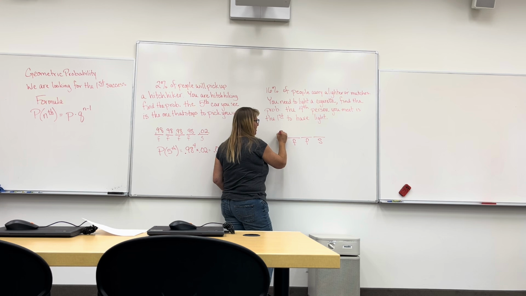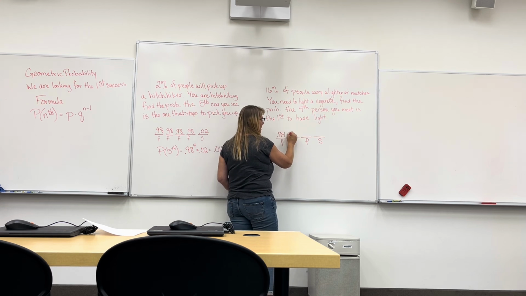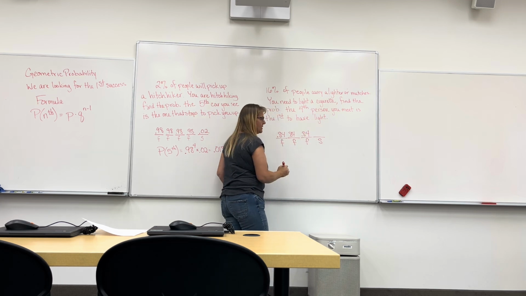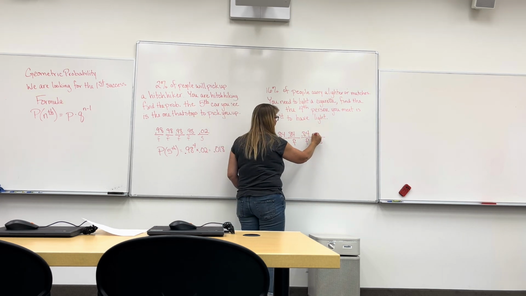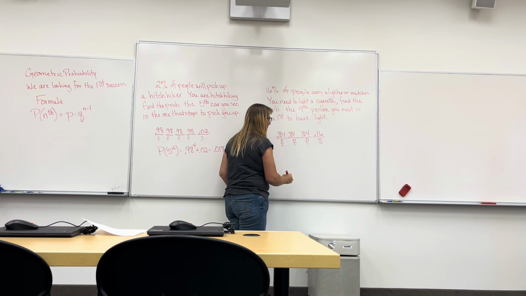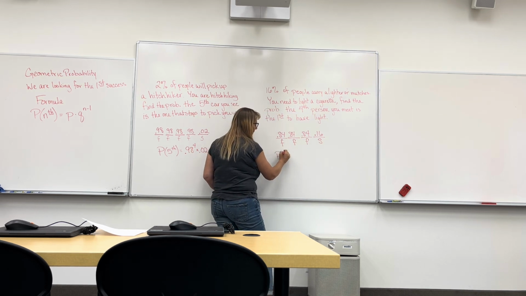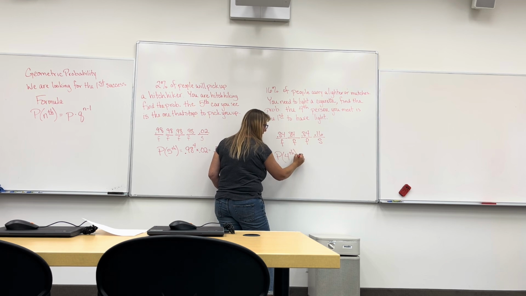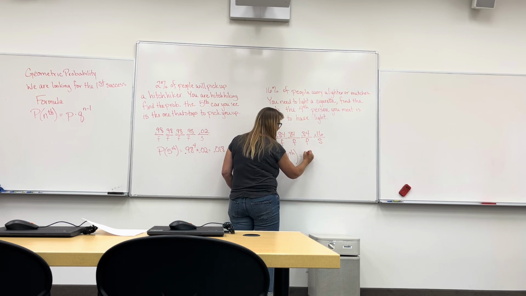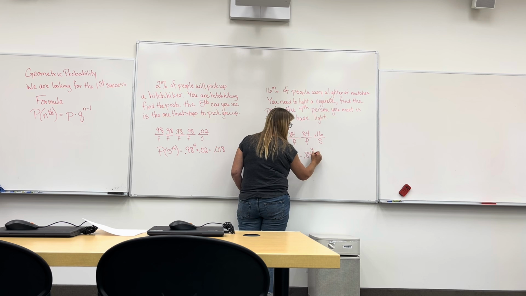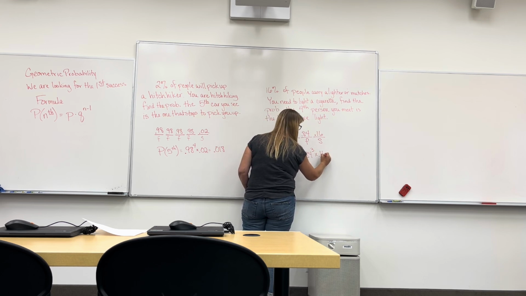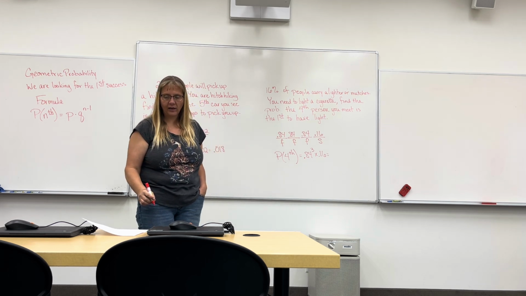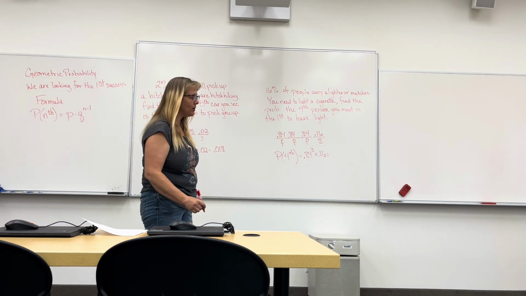So these guys are gonna be 0.84. So there's an 84% chance of saying no. Then we'll have our 0.16. So again, if we want the probability of the fourth, that's gonna be 0.84 to the third times 0.16. And we'll stick that in our calculator and we get 0.095.